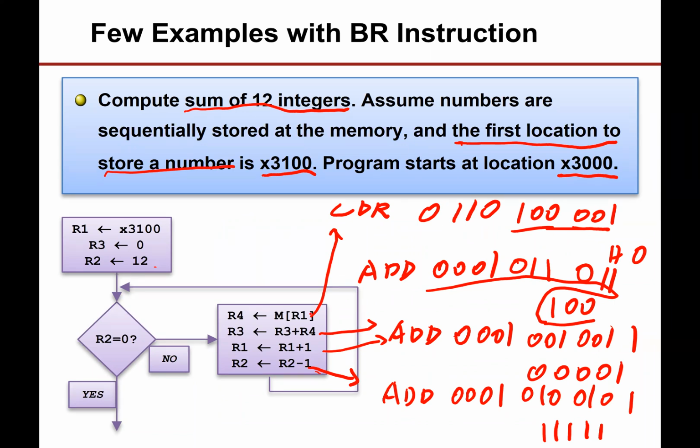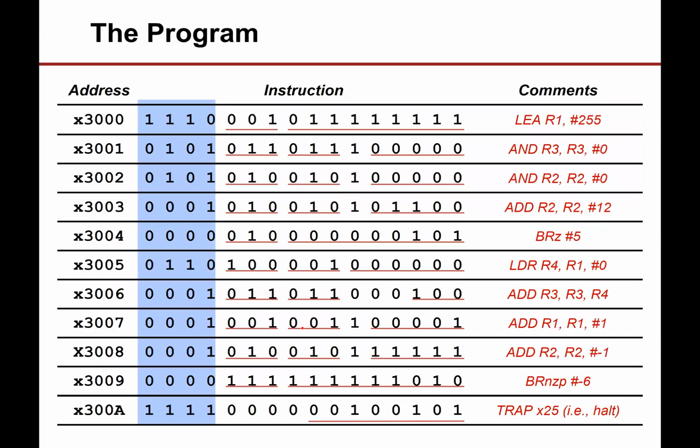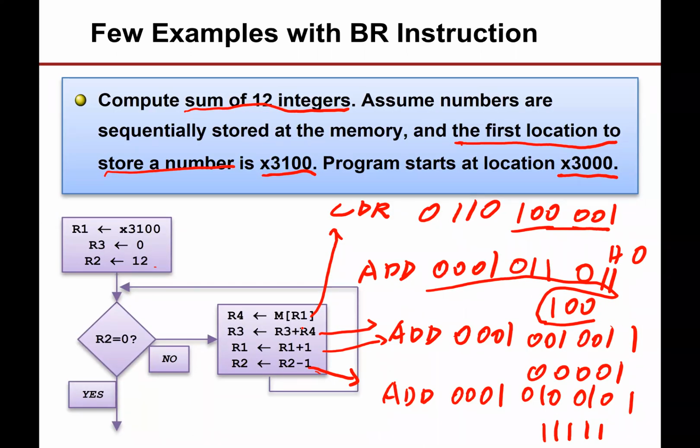Each time after you finish this, you will go to this condition box to check. So that's why we have branch 0000 for this line, and that is unconditional.